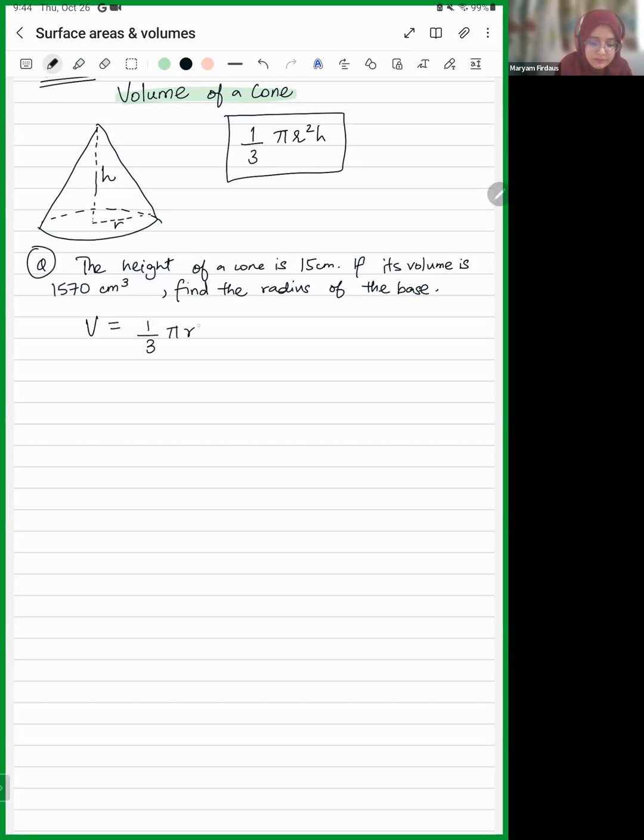So we'll put that to the left hand side and other values on the right hand side. Okay, then this will become, and in this question, they have also told us use pi equals 3.14. Then r square, what is r square? We don't know. That is what we have to find. Find radius of the base. Then Preshita, after that?